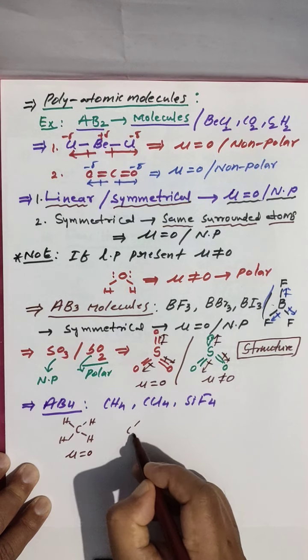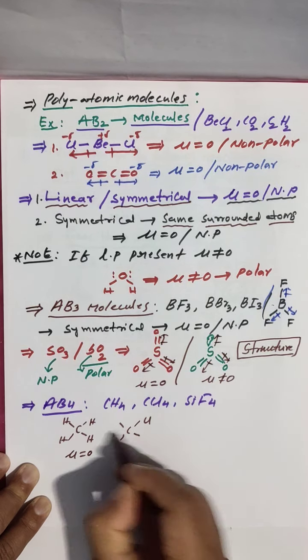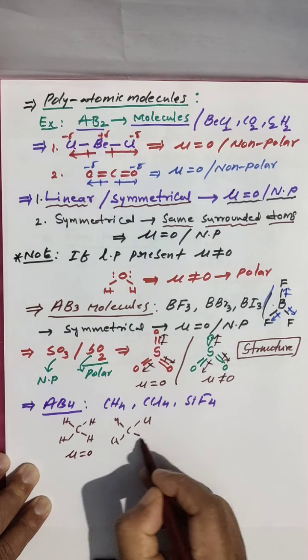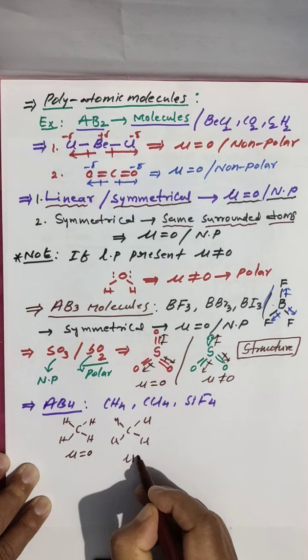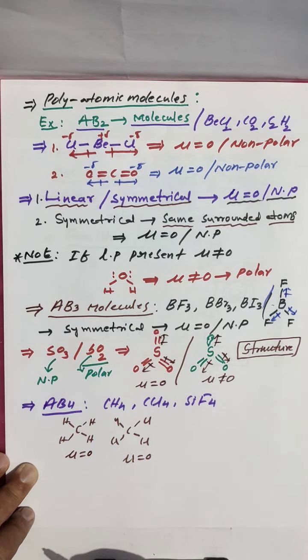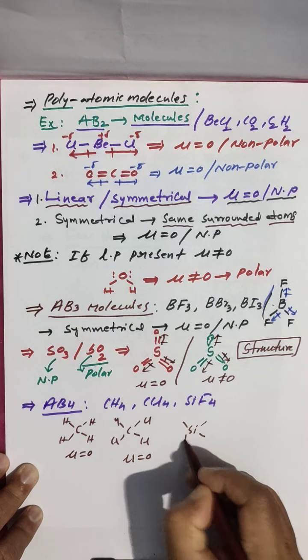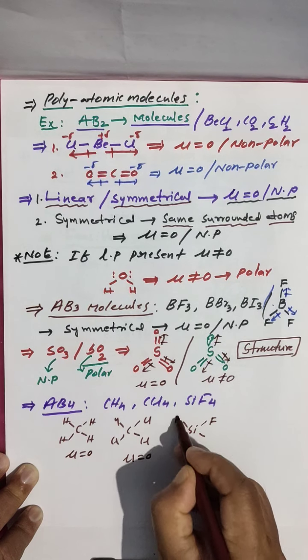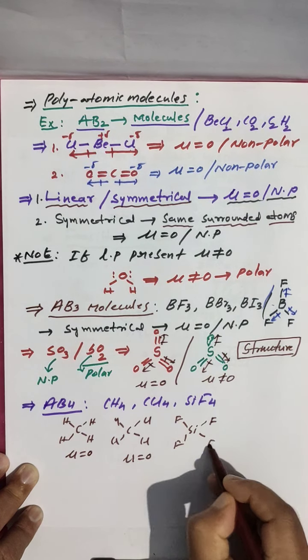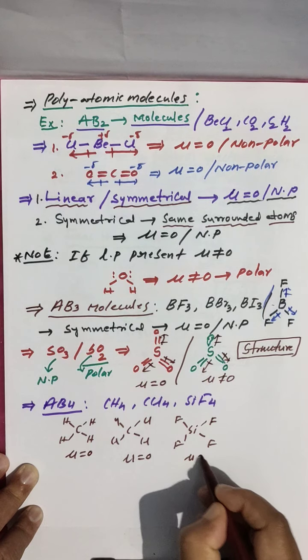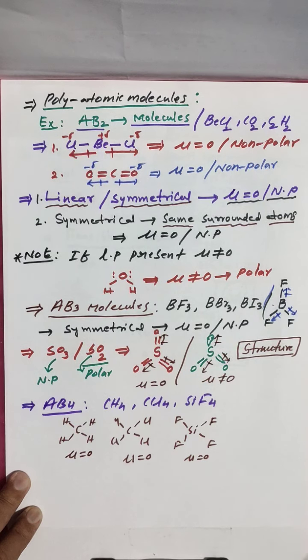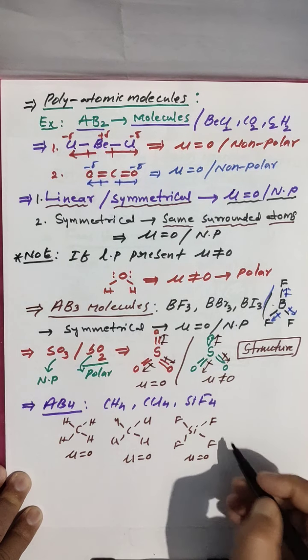And CCl4, same atoms surrounded, so net dipole moment 0. And SiF4, same, silicon and fluorine. Net dipole moment equal to 0, which means these all are non-polar molecules.